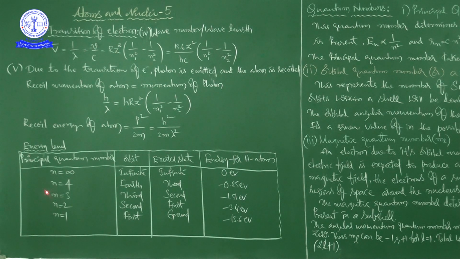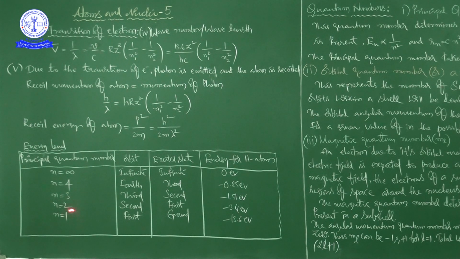Next, when n is equal to 4, the orbit is fourth and the excited state is third, and the energy for hydrogen atom is minus 0.85 electron volt.